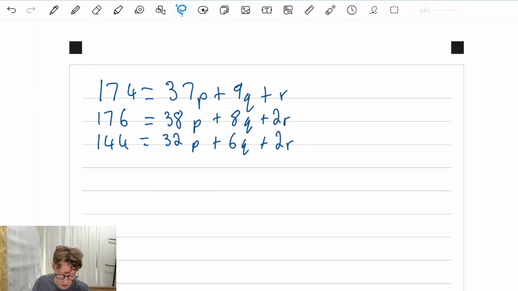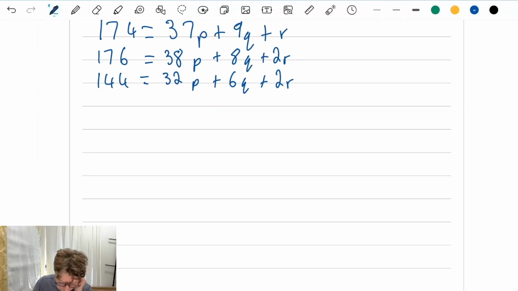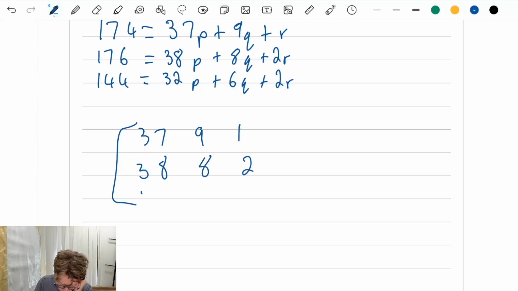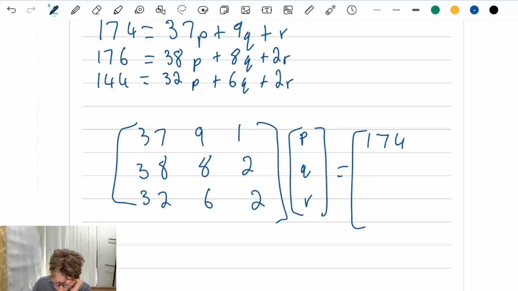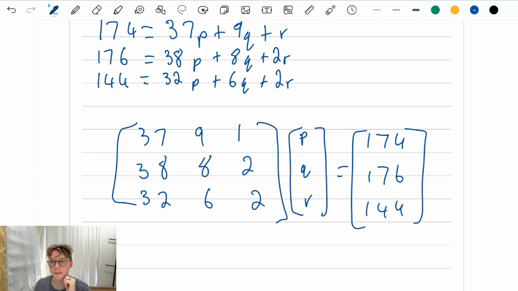So if I do a coefficient matrix, I wind up with 37, 9, 1, 38, 8, 2, 32, 6, 2. Technically, I've got my variables P, Q, R, all equal to my answers 174, 176, 144.